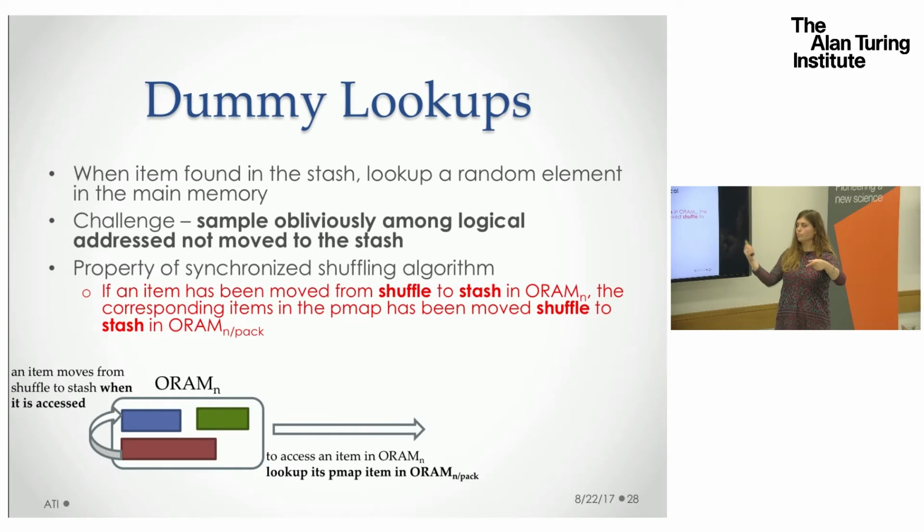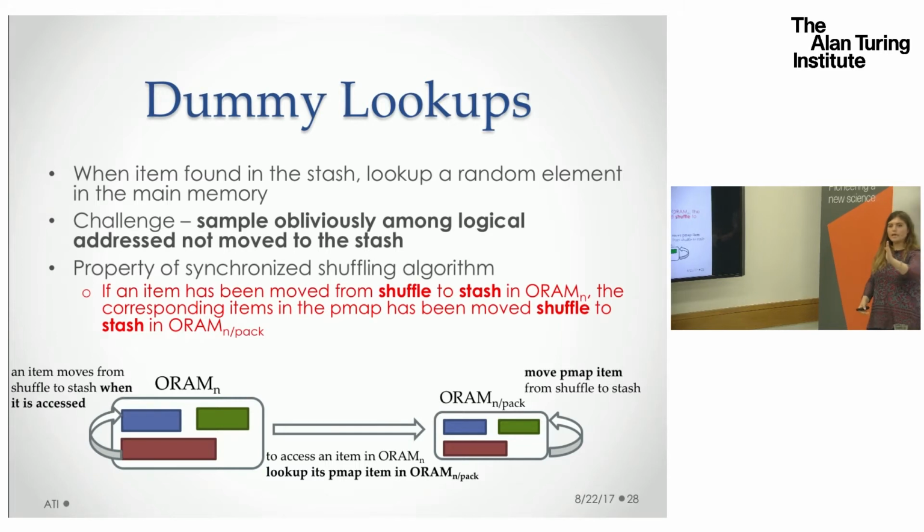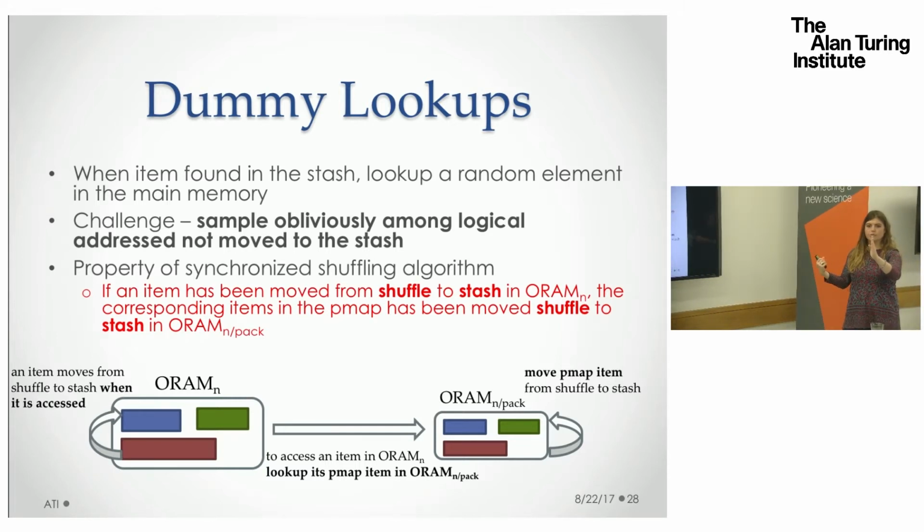So we need to make a lookup for the item in the position map in the smaller ORAM. But once we access this item, it will also be moved to the stash in the smaller ORAM. So now we have this property that if you are moved to the stash, your position map has been moved to the stash in the smaller ORAM as well.